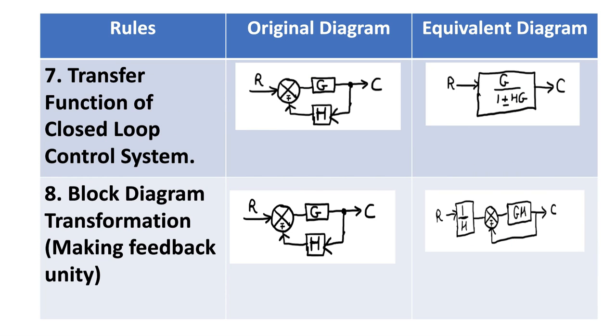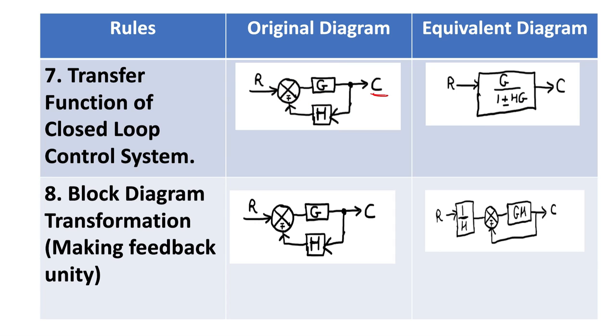Now the transfer function. So the transfer function of a closed loop control system. As you can see, this is a closed loop. So the transfer function of this closed loop is G upon 1 plus minus HG, where plus minus depends upon the sign. So if here it is minus, then this would be plus, and if here it is plus, then here would be minus.